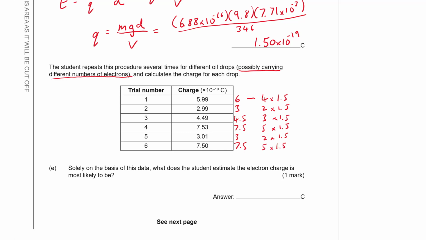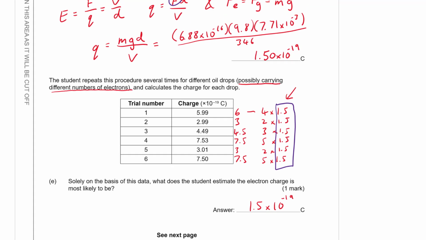What they want you to conclude is that this number, this 1.5, is the common factor. So that tells me, if I was estimating, that the answer would be 1.50. Well, that's an estimate, so it should only be 2 sig figs times 10 to the negative 19. And we know the accepted value is 1.60 times 10 to the negative 19, so that seems like a reasonable estimate to make as well. But yeah, interesting.